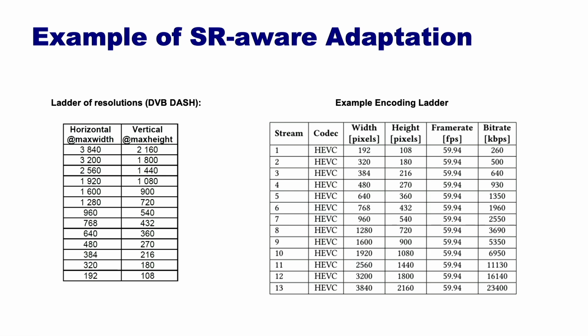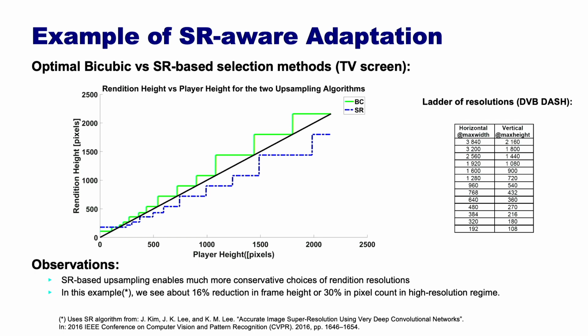Now if we go into the plots, this is for one of the TV screens. On the x-axis is the player height, which we vary across the whole possible range, and on the y-axis we have the rendition selected.